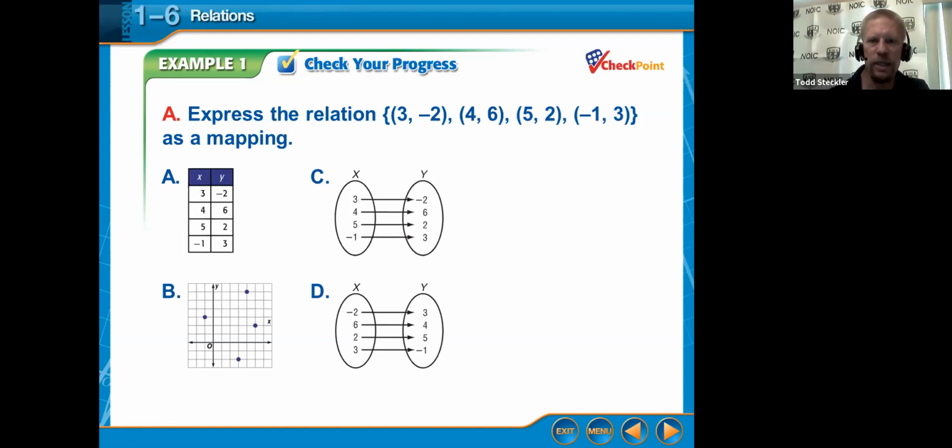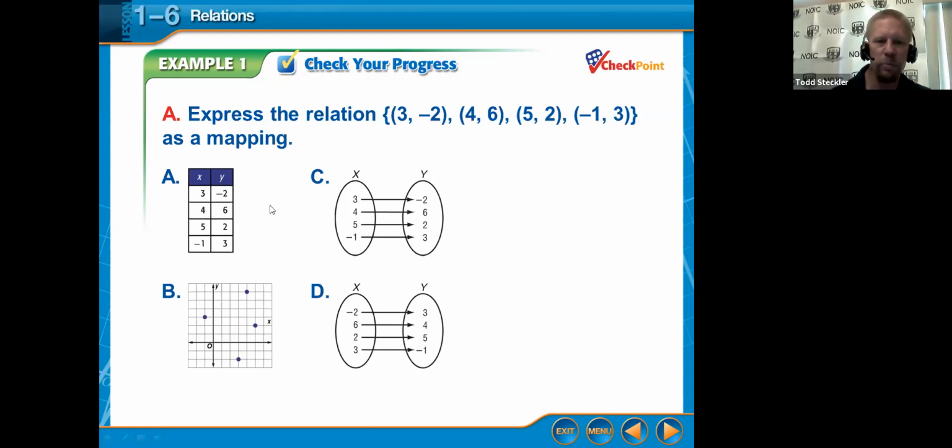And we can see that -2 has been paired with 3, 6 has been paired with 4, 2 has been paired with 5, and 3 has been paired with -1. So letter A correctly expresses this relation as a table, but not as a mapping. The question letter A wanted a mapping, and the answer choice for letter A was a table. So that's not the right answer.